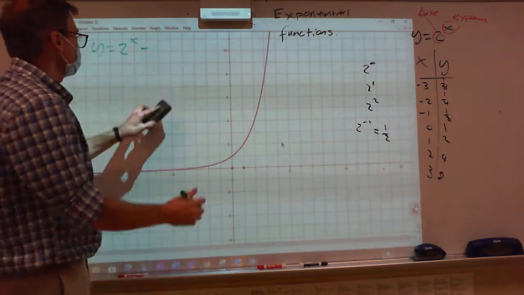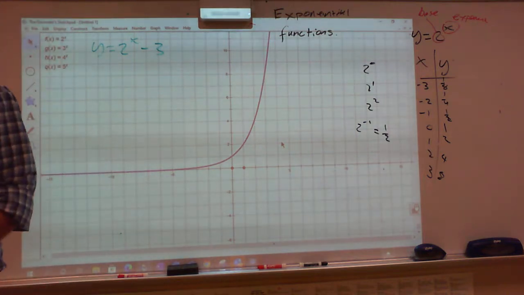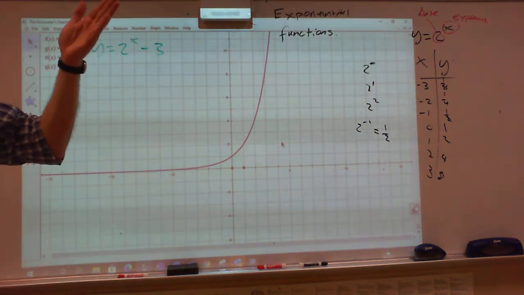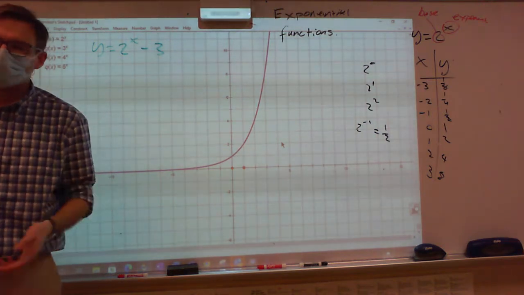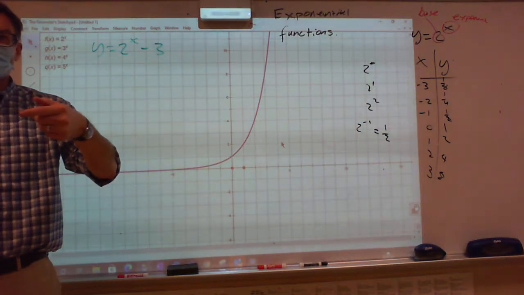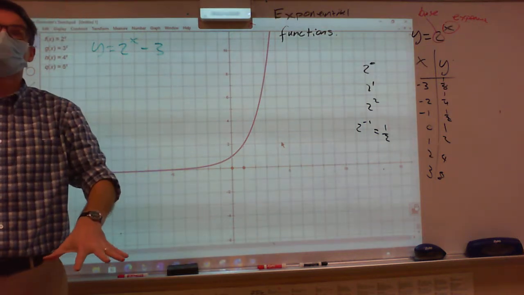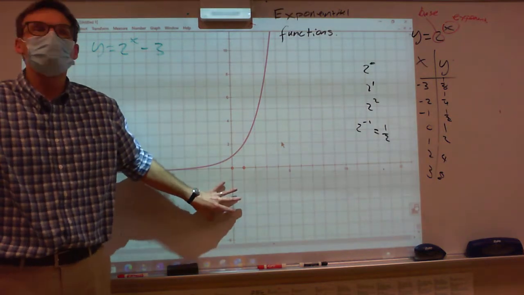And that minus 3 is here. All right, what does that minus 3 do? What does it do to the graph? Moves it down 3. It moves the asymptote and the special point down. Everything moves down 3, right? It takes the entire graph and moves it down 3.